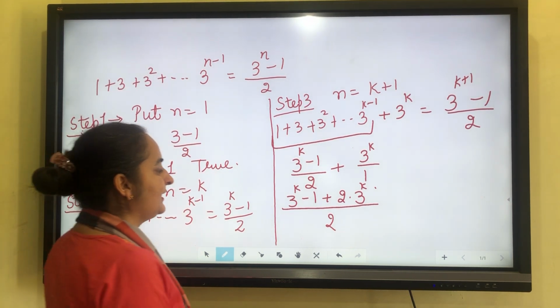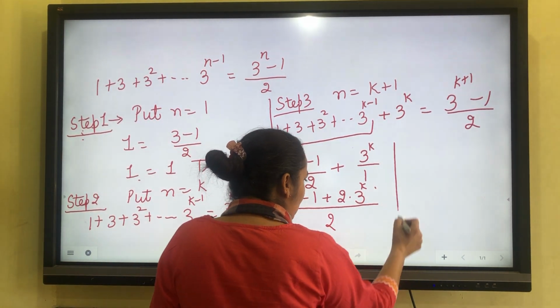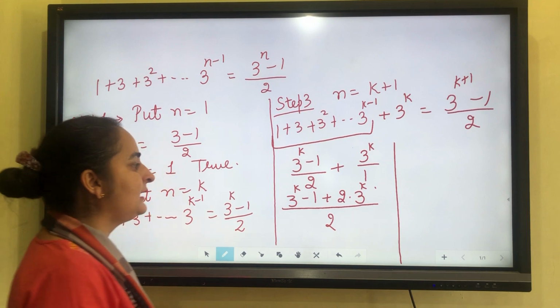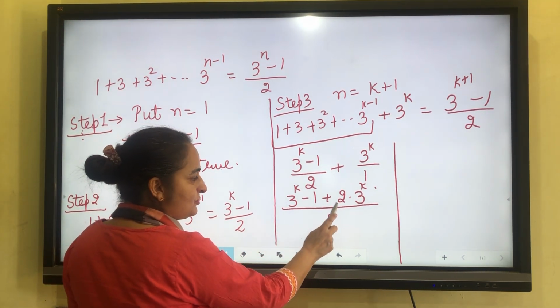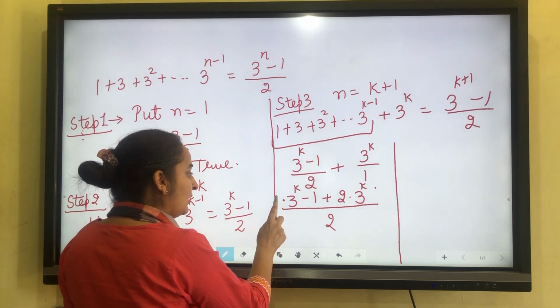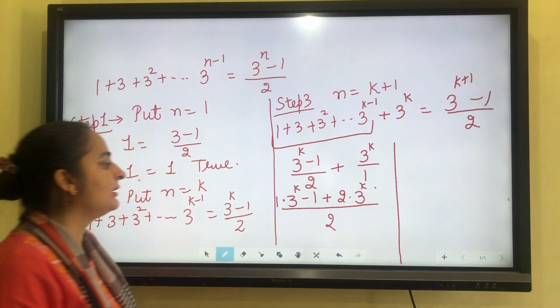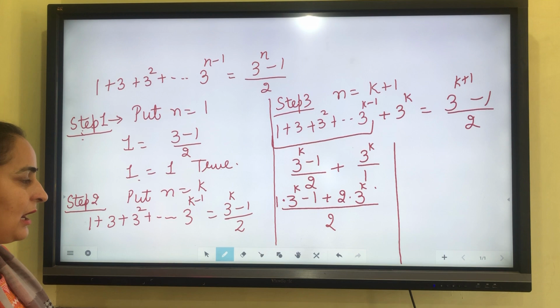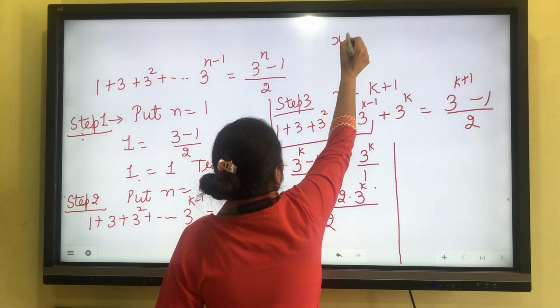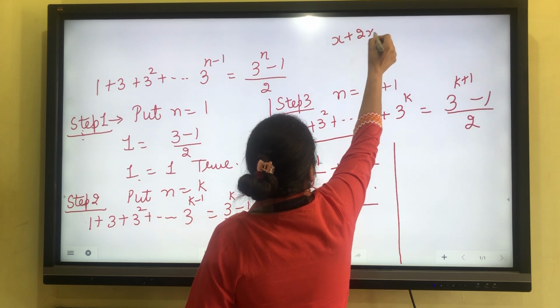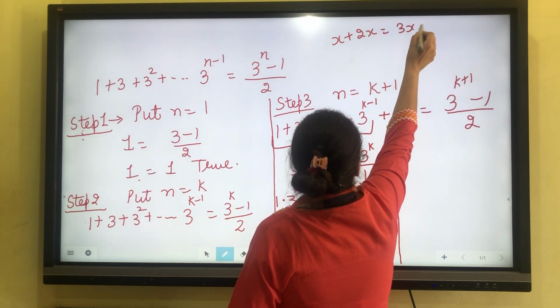How am I solving this step? Check the coefficient of 3 power k. Here the coefficient of 3 power k is 2 and here the coefficient of 3 power k is 1. Now if you want to add x plus 2x, what is the result? That is equal to 3x.